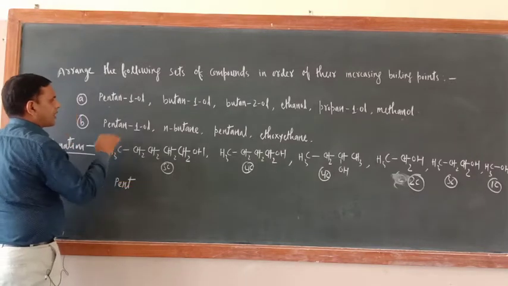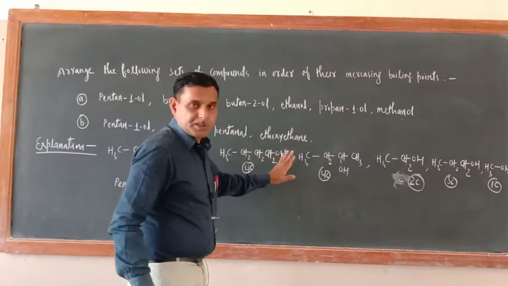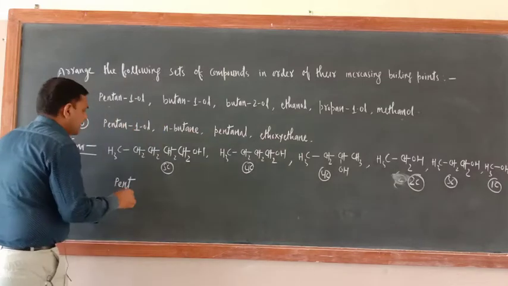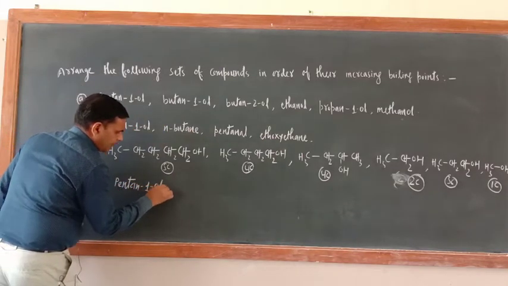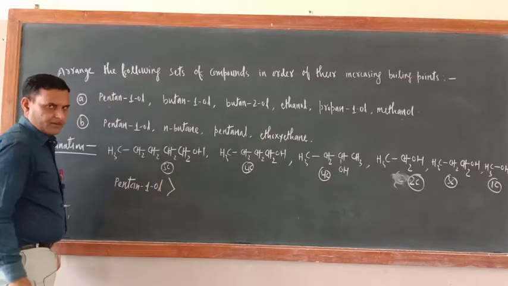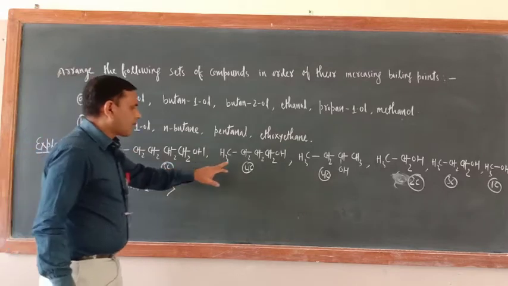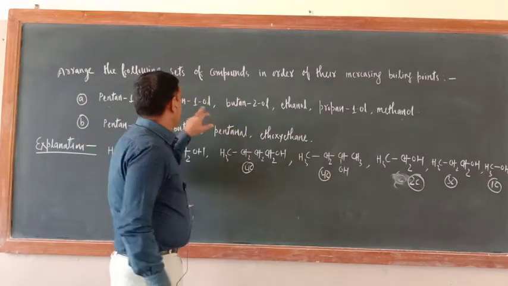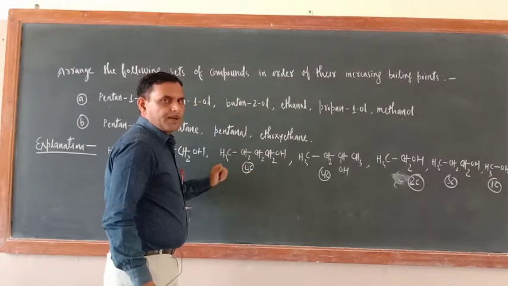There is no need to write the formula time and again. This is for our information so that we can arrange properly. So pentan-1-ol is the highest. Now 4 carbon atoms, 2 are there: butan-1-ol and butan-2-ol.